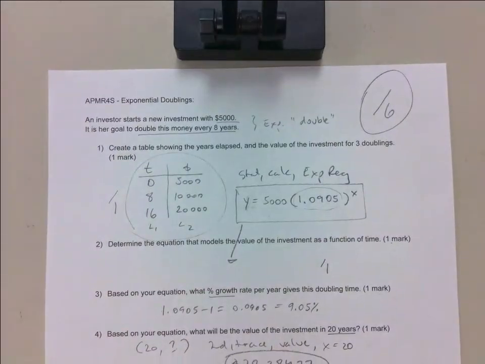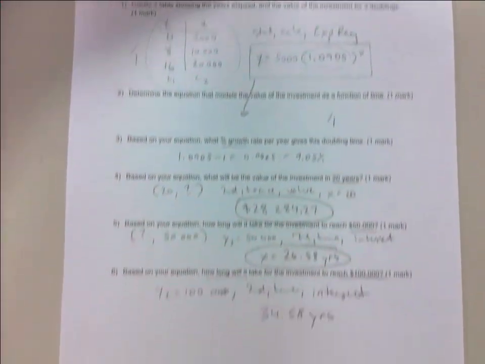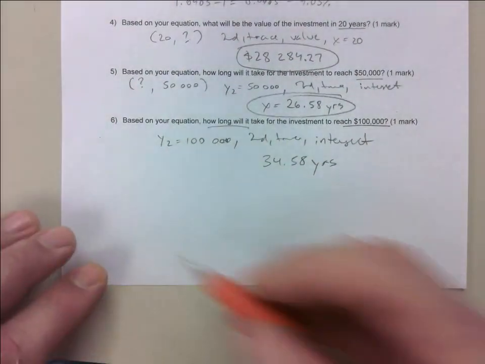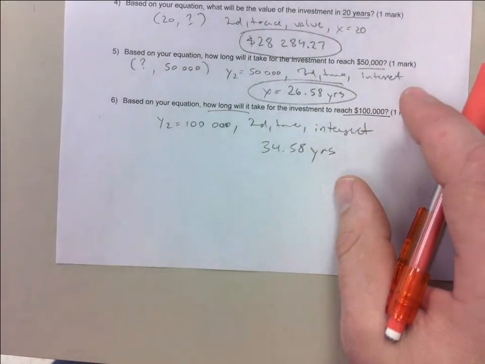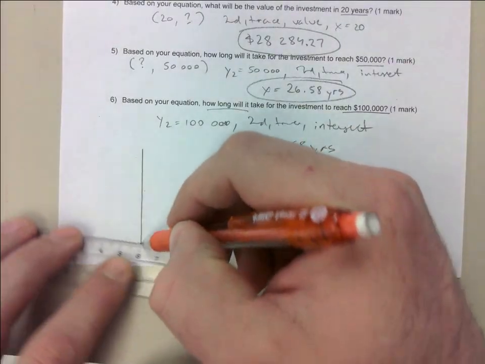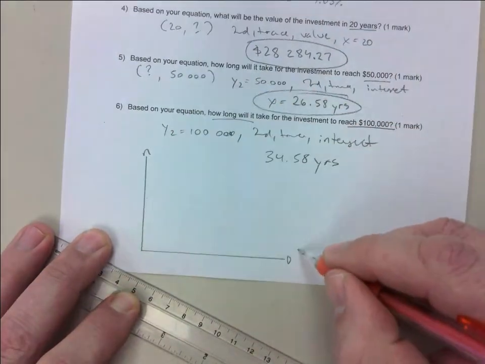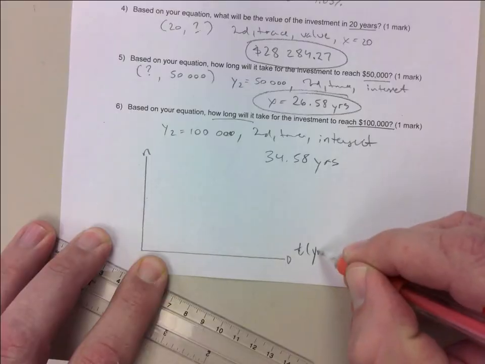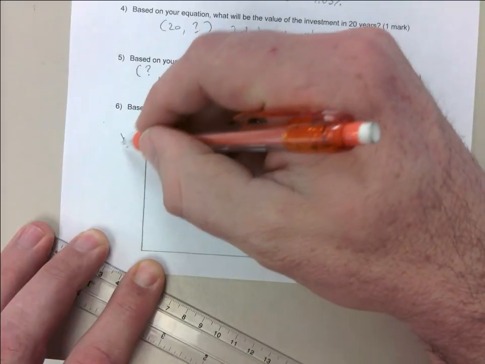If I asked you to graph this, how would you do that? If they don't give you a start and a finish, then you would wanna, right? You just wanna make sure you include labels and consistency. This is time in years. This is money invested, right?